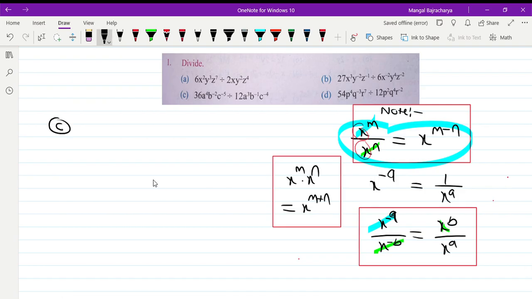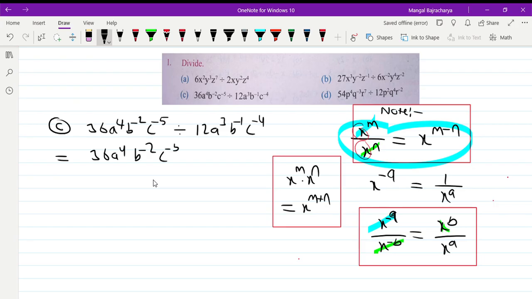In number C we have 36 a power 4 b power minus 2 c power minus 5 divided by 12 a power 3 b power minus 1 c power minus 4. So here all of this is getting divided: 36 a power 4 b power minus 2 c power minus 5, divided by 12 a power 3 b power minus 1 and c power minus 4.